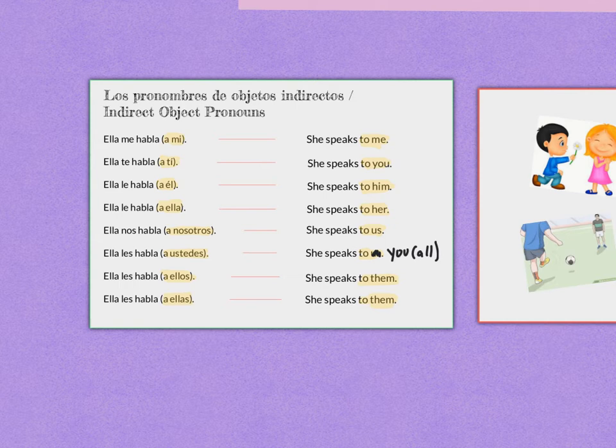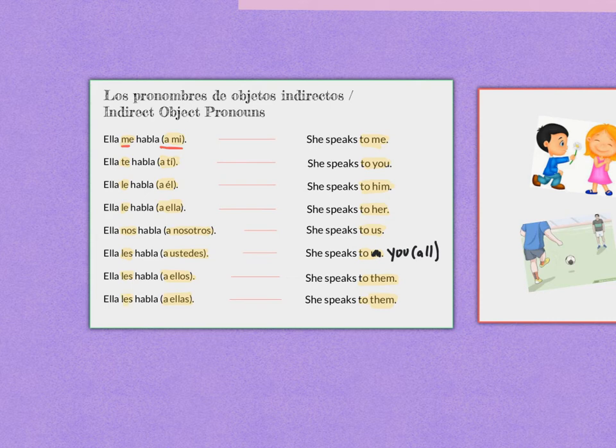Now here's the part where it gets a little tricky, is that once you put in this element here, you have to put in the indirect object pronoun before the verb that matches that. Okay? So you will have me, te, le, nos for nosotros, les for ustedes, les for ellos, and les for ellas.